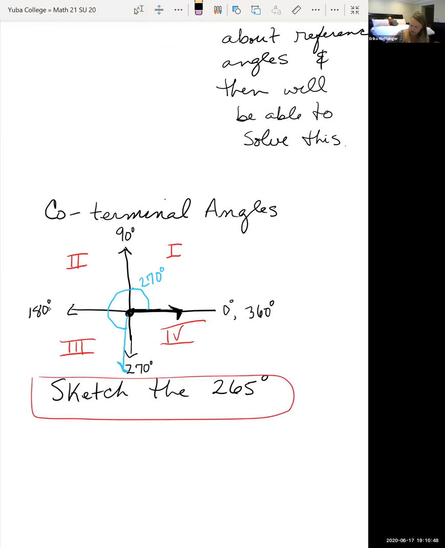And so we know that 265 degrees, and I'm sorry, I wrote 270, but I was using the 270 to get to where my angle was. So that's really 265 is that angle.